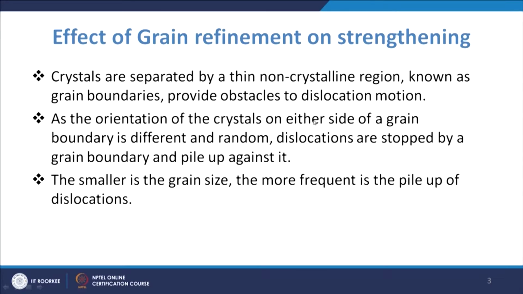The orientation of the crystals on either side of the grain boundary is different and random, and the dislocations are stopped by the grain boundary and piled up against it. That is shown normally in the TEM micrograph, where at that magnification you can see how they are piled up against those boundaries on both sides of the boundary.